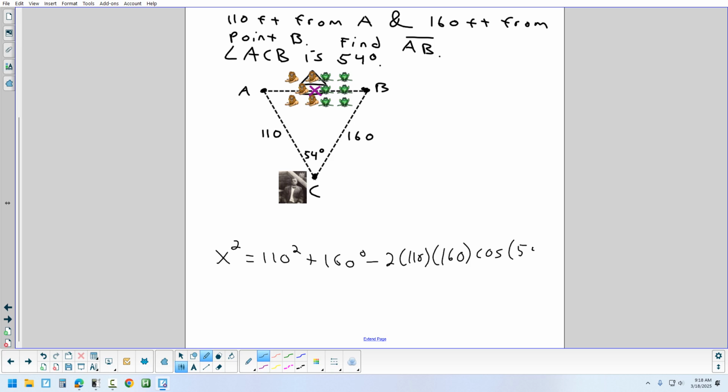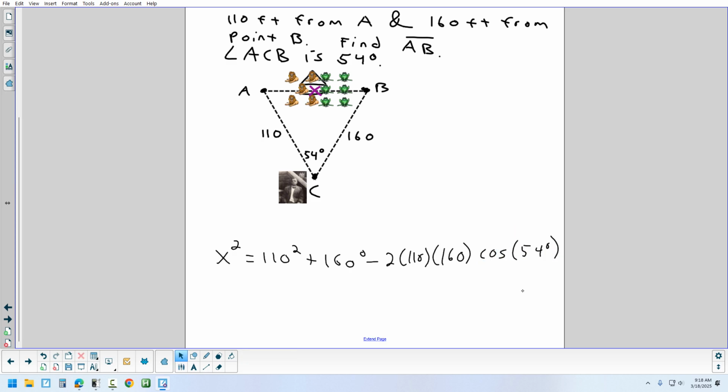So we got one side squared equals the sum of the squares of the other two, minus twice the product of the other two, times the cosine of the angle across from the side I started with.